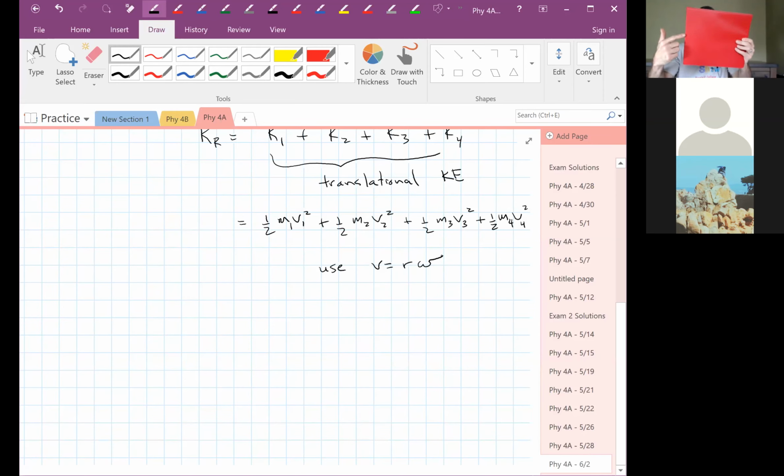But a point way out here, if this is my axis of rotation, a point out here has to have a faster translational speed than a point closer to the axis of rotation. So v, translational velocity, equals r omega.